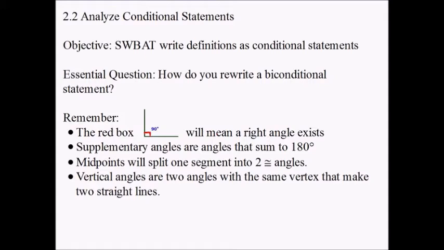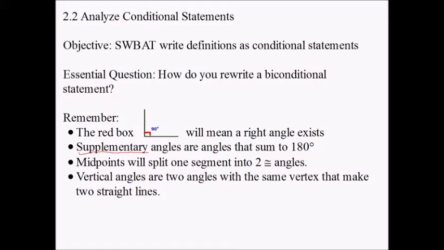Supplementary angles are angles that sum to 180 degrees. Remember, complementary is 90 degrees, but remember I told you guys, supplementary angles are going to be a little bit more important in our roles as mathematical geniuses in this course. Midpoints split segments into two congruent angles. Remember, this right here means congruent.